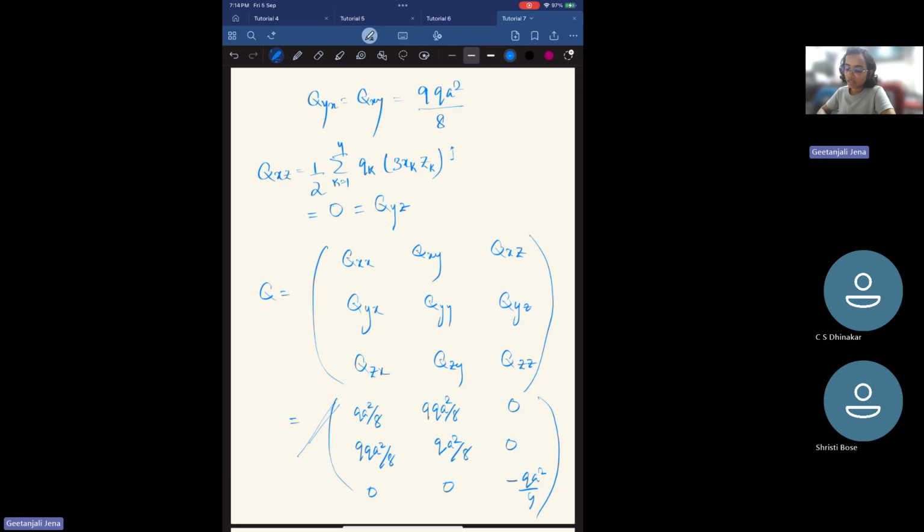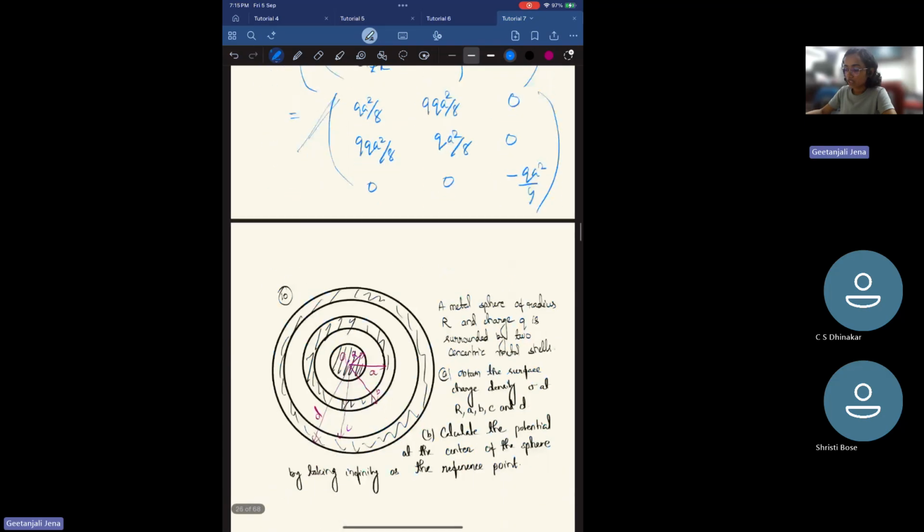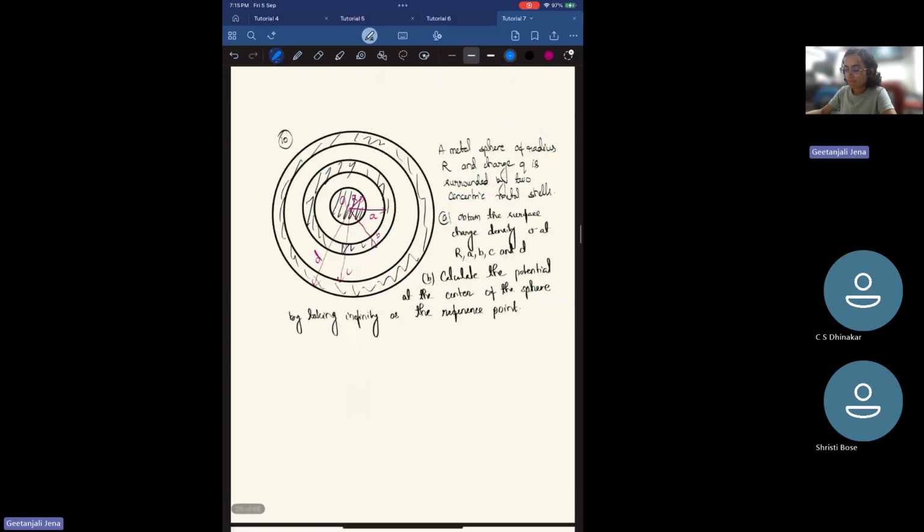In the question, they may have asked about qxy or qyz. So remember the steps and use them whenever required. So this will cover the calculation of the whole matrix. Is this clear? Do we have any doubt in any of the steps?